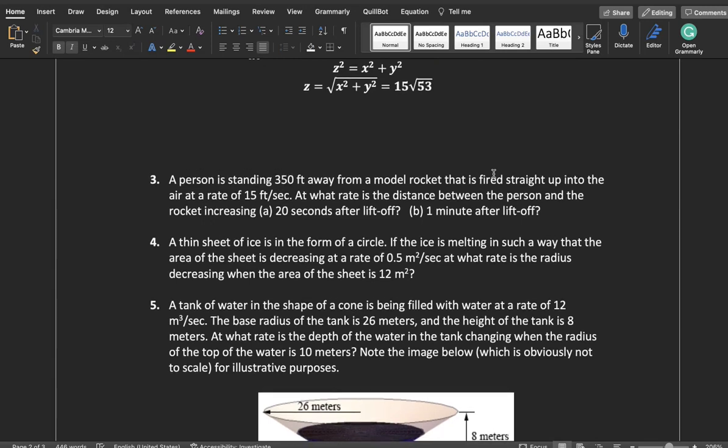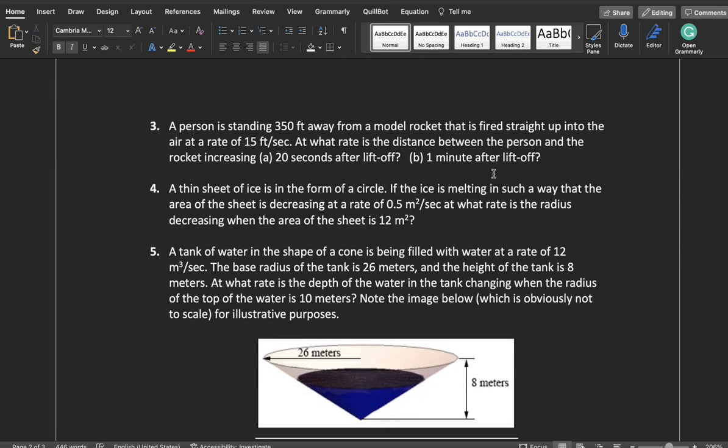Now, if we go to question 3, we have that a person is standing 350 feet away from a model rocket.